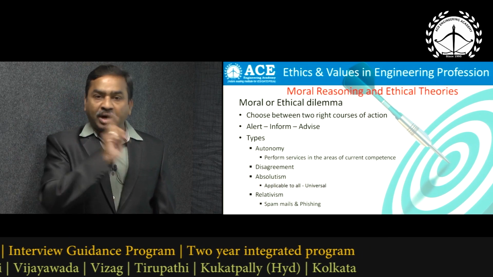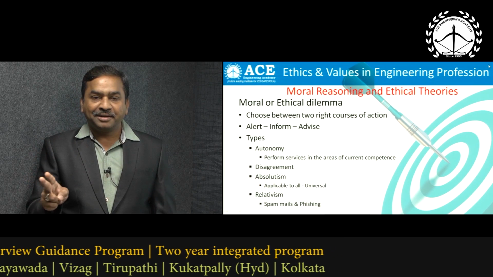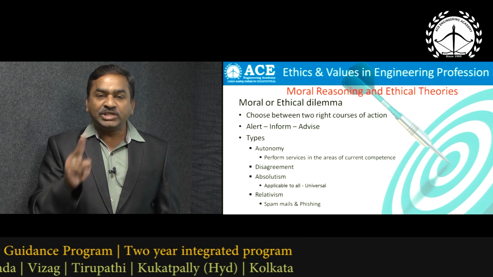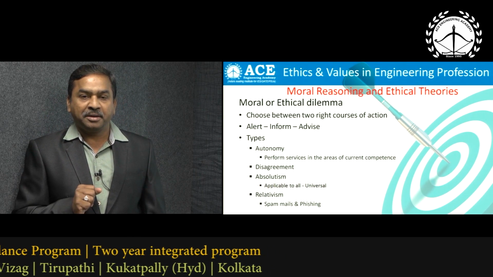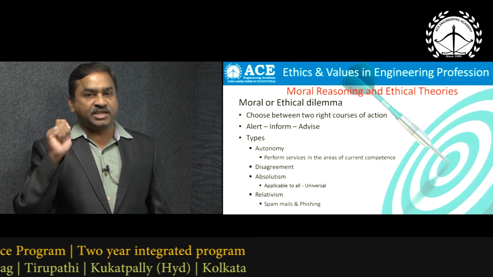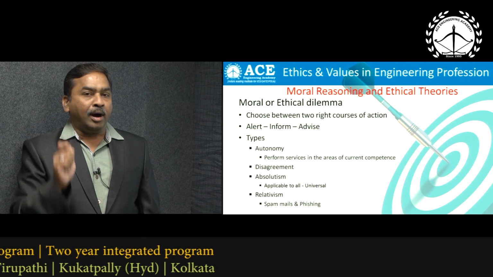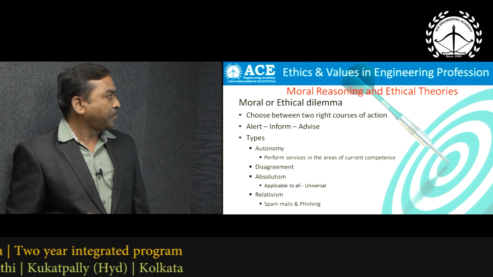Dilemma is not about one good and one bad. Both could be good, both could be bad. In the first case, which good do you take? In the second case, which is the least damaging bad that you take, the decision is more important. The principle for taking these decisions is be alert, inform all the stakeholders and advise appropriate decision.